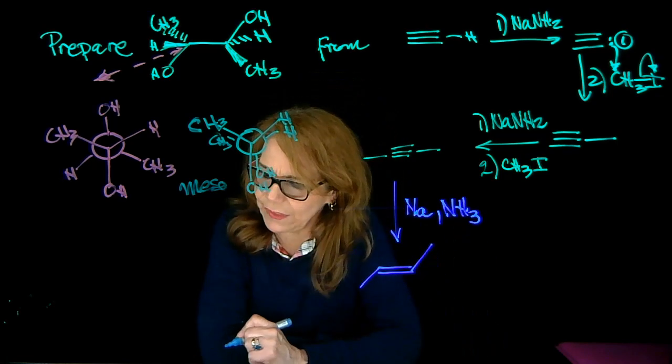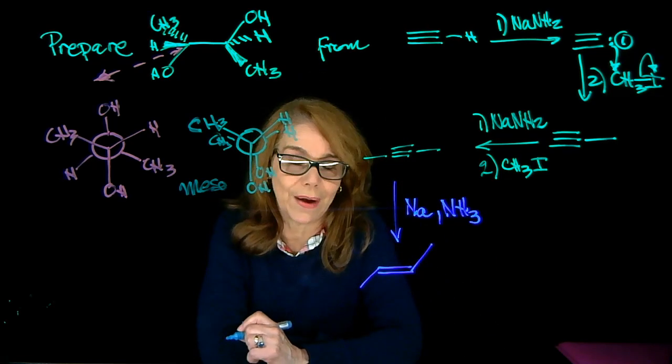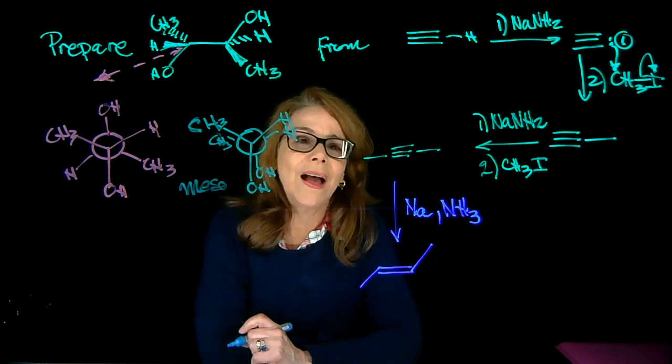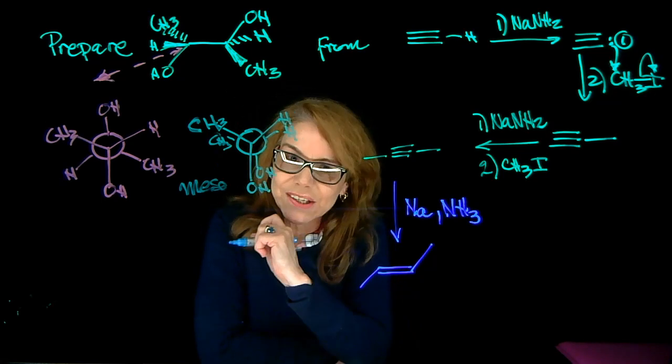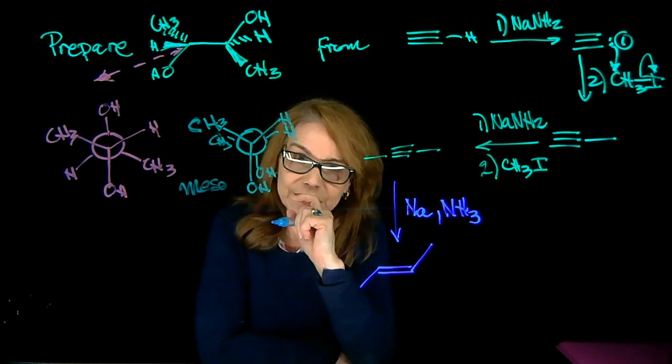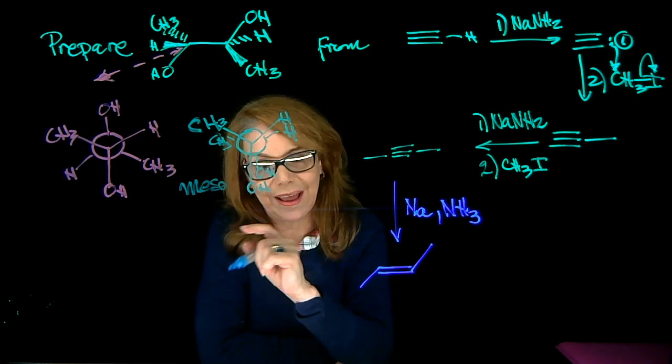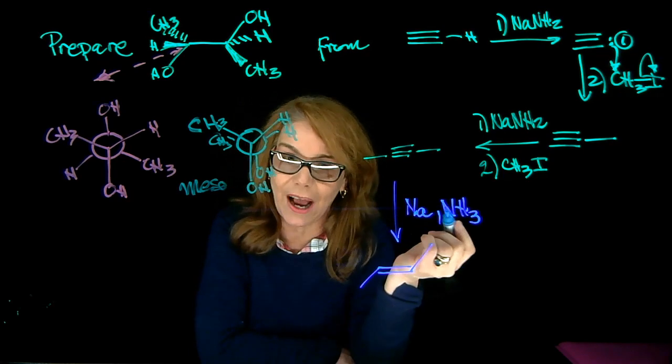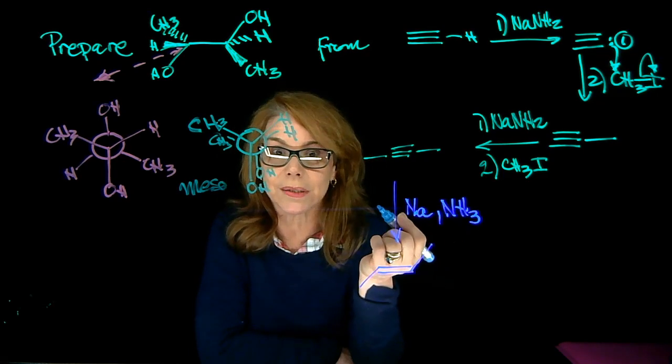So once I have the trans alkene, we have some steps done. Now to get the OHs opposite to each other, what we can do is an epoxidation. We can do a diol synthesis by using peroxides.